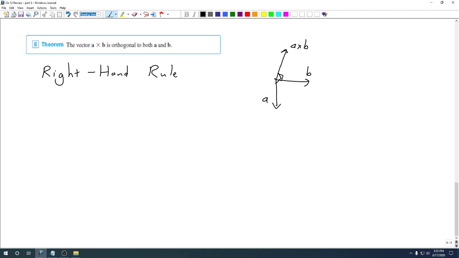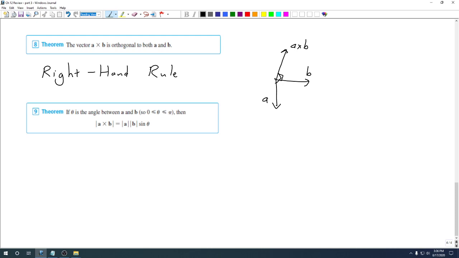I'll write down a bunch of properties for this. That tells us the direction. It's also useful to be able to compute the magnitude as well. So here we actually have a formula for the magnitude of the cross product. The magnitude of the cross product is actually related to the angle between the two vectors as well. This one's a little less useful for computing the angles for a couple of reasons.